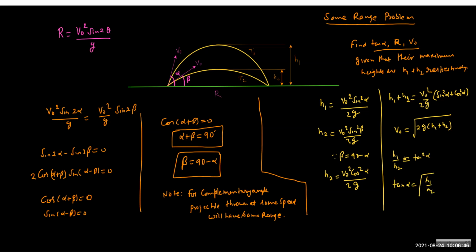That is also done. And the last part is a bit tricky. To find the range, you need V square sine 2 theta, which is something like sin alpha cos alpha. So let me tell you the hint: take the product and simplify to get the range.